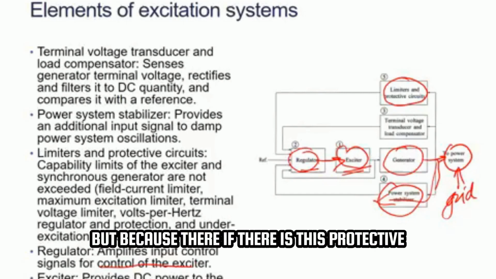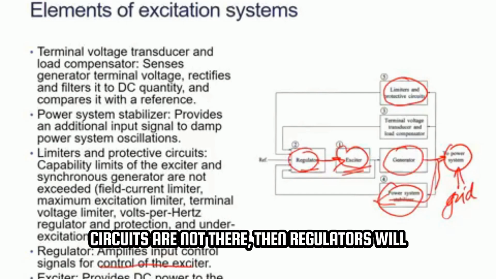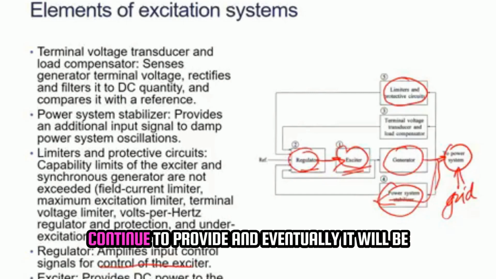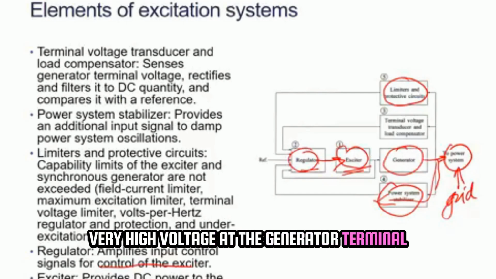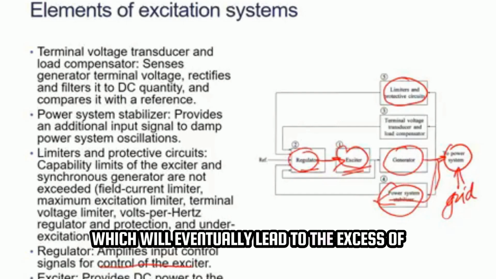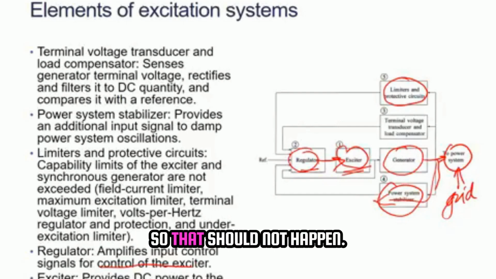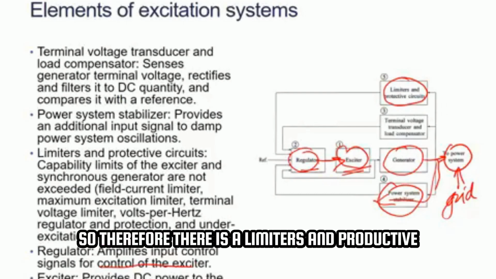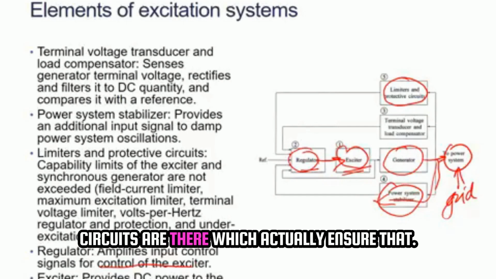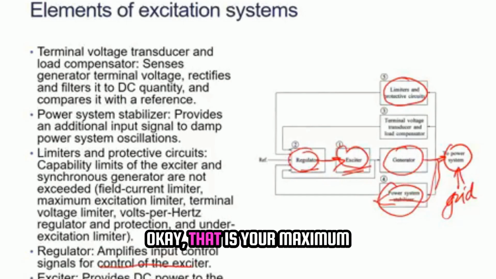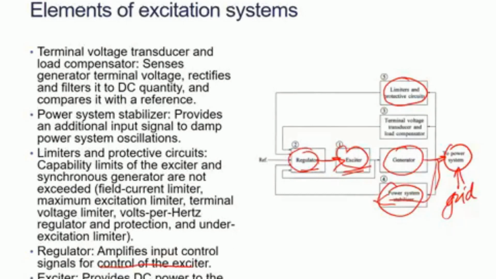If these protective circuits are not there, the regulator will continue to provide, and eventually there will be very high voltage at the generator terminal, which will lead to excess heating and eventually burn or damage the generator. That should not happen. Therefore the limiters and protective circuits ensure that this is your maximum capability, and the regulator should not go beyond a particular value, right?